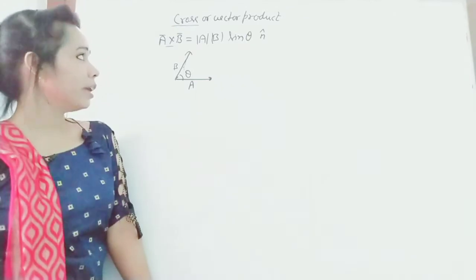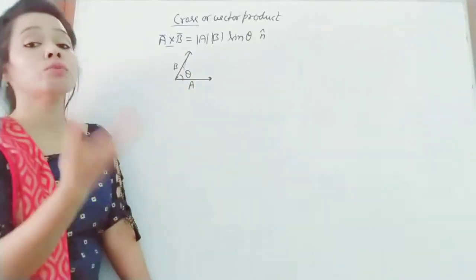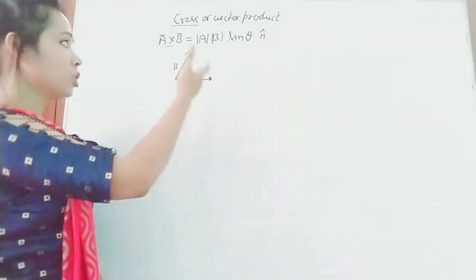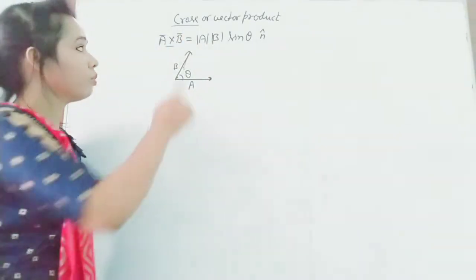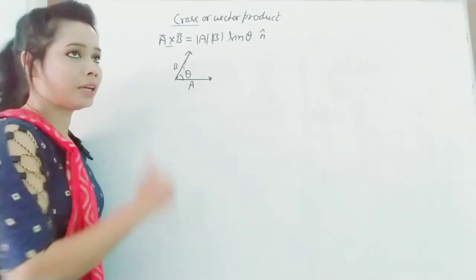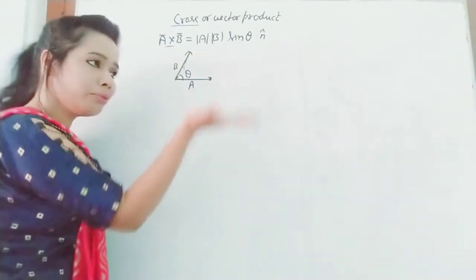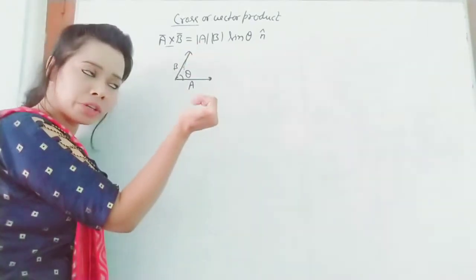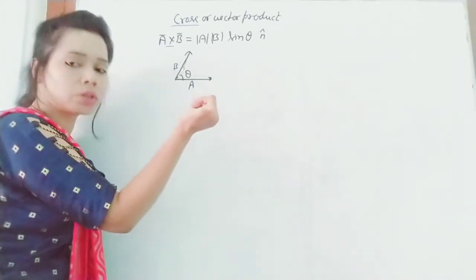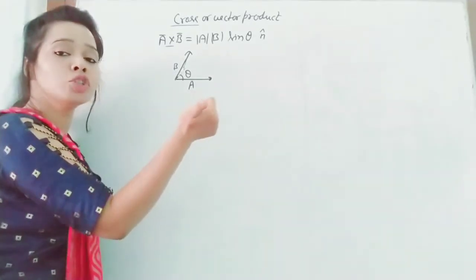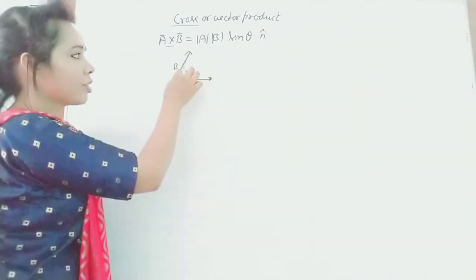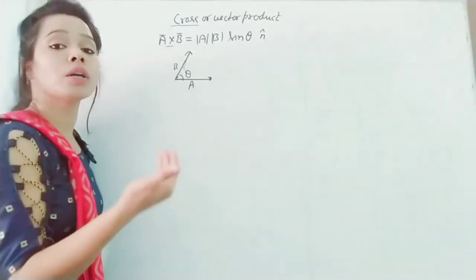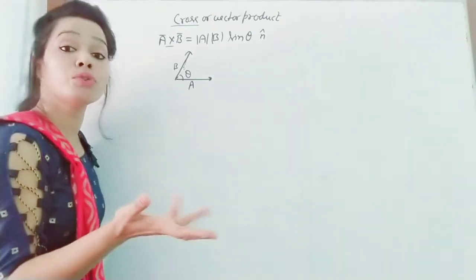The rule says that if we curl our fingers in the direction of the cross product of the two vectors, then our thumb shows the direction of the new vector.